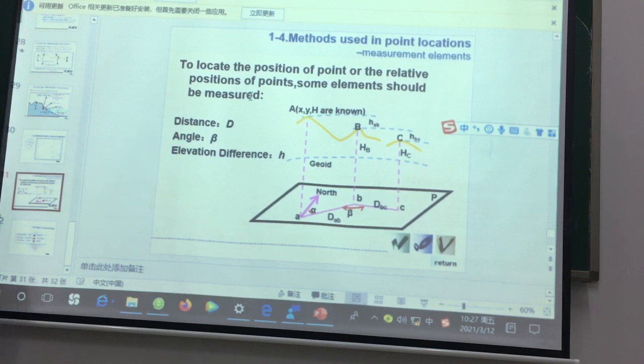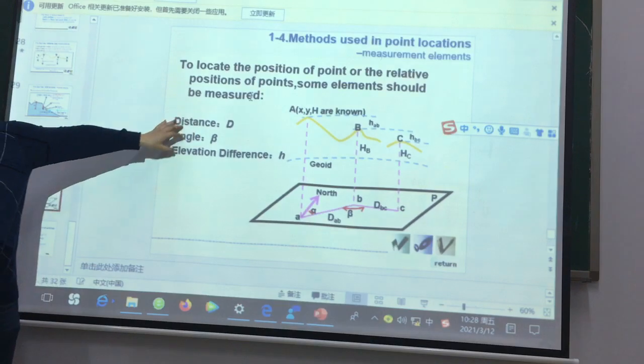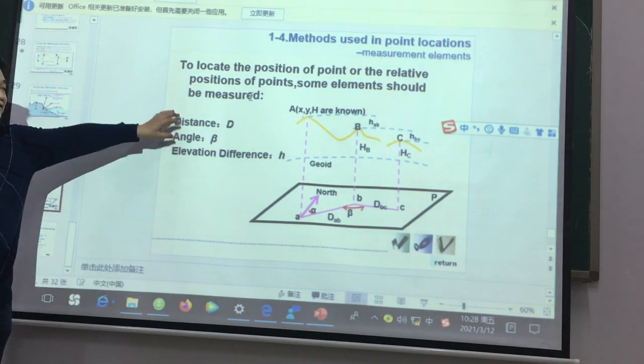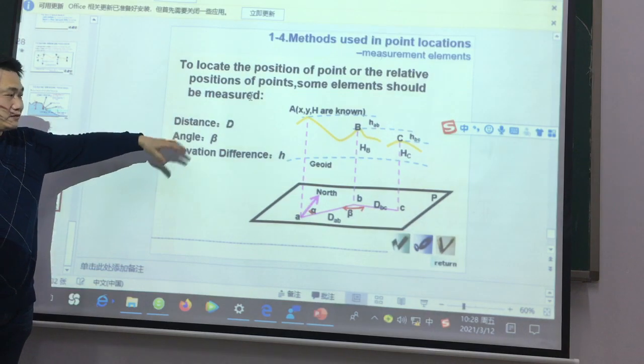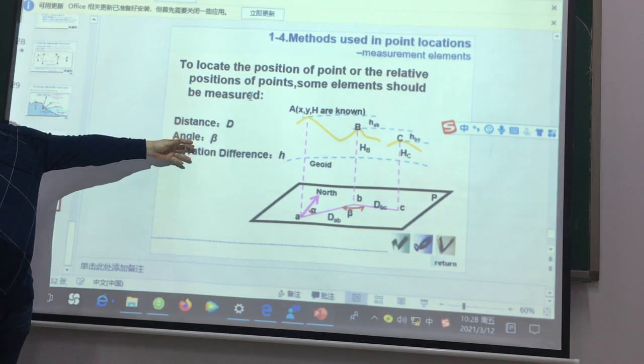All activity of survey and mapping is about these three elements. We say, if we want to get a bachelor degree or master degree or PhD, doctor degree in survey and mapping in China, for more than 10 years, we just research these three elements, or X, Y, Z.